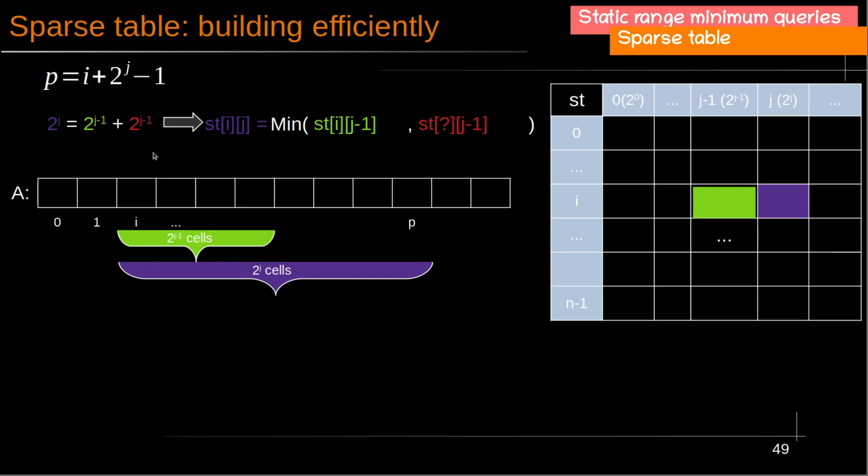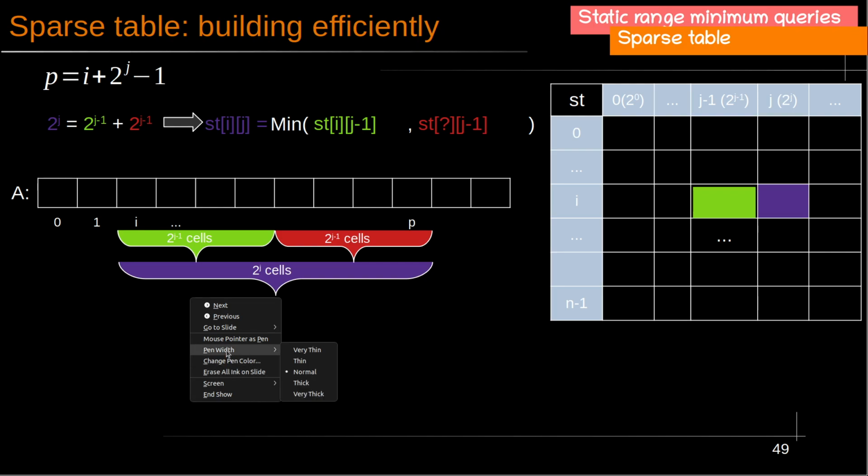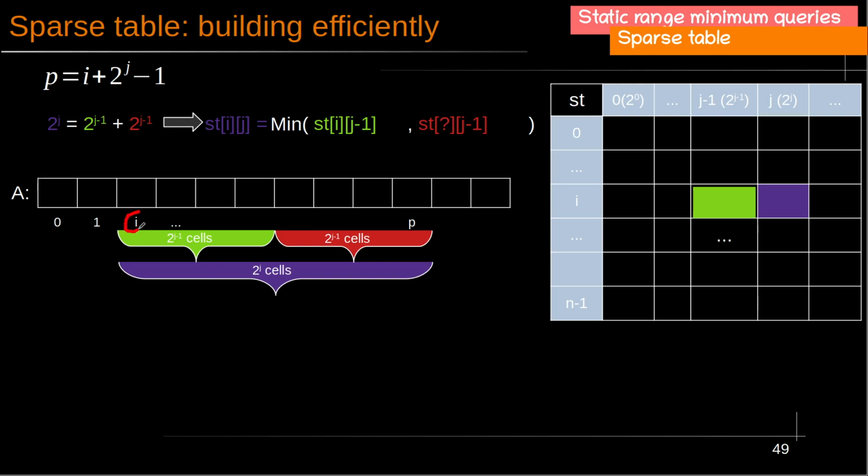Well, we can divide 2 power j cells into 2 power j minus 1 cells plus another 2 power j minus 1 cells. So we know that the first position here is I, this is the row of the green one here, and the column is j minus 1.